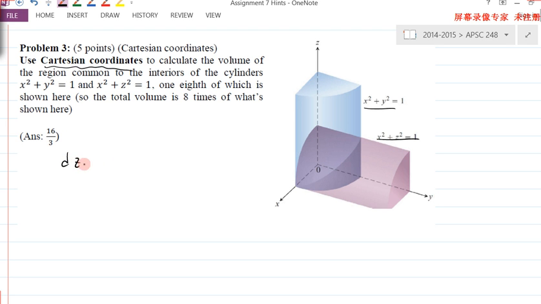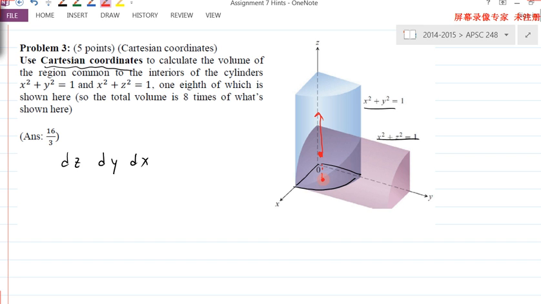Let's say we're going to integrate using this order. For this portion only, first find the projection in the xy plane, and that's this one here. Then within this region, we draw arrow lines in the positive z-axis direction.